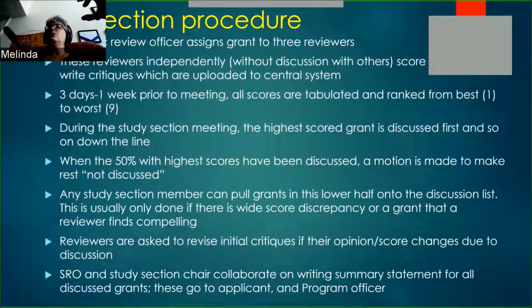The person who thinks it's average is going to make their public comments. The person who thinks it's wonderful is going to make their public comments. And often people are seeing each other's opinions, and scores can basically be pulled better or pulled worse based on that discussion.